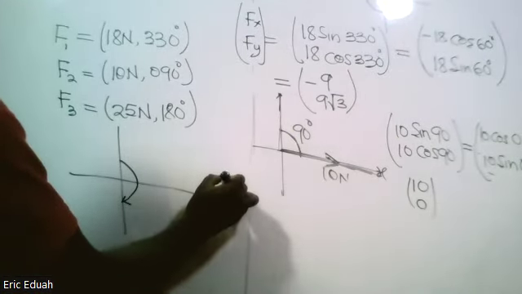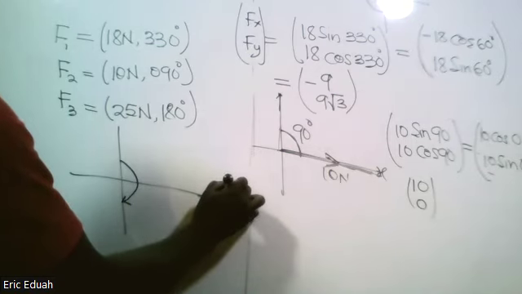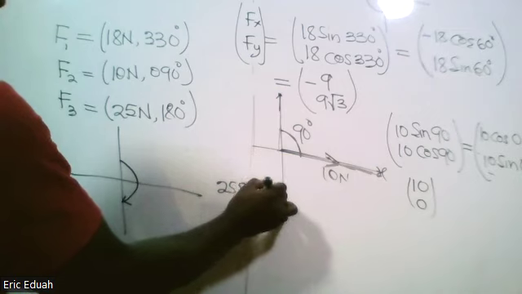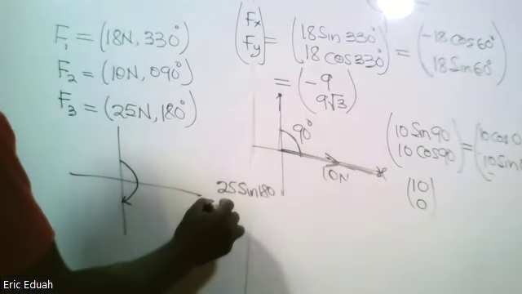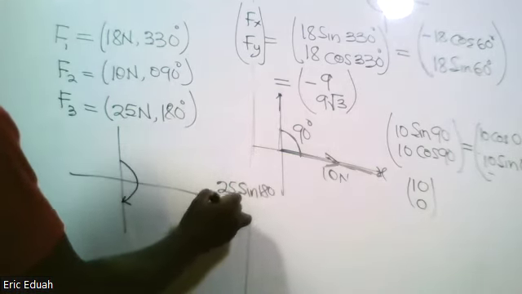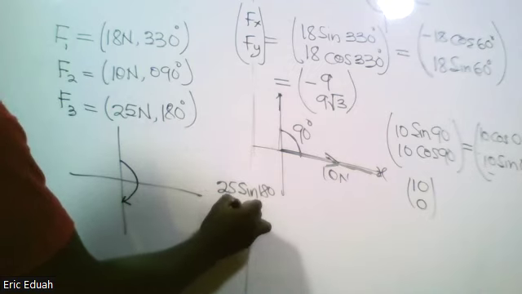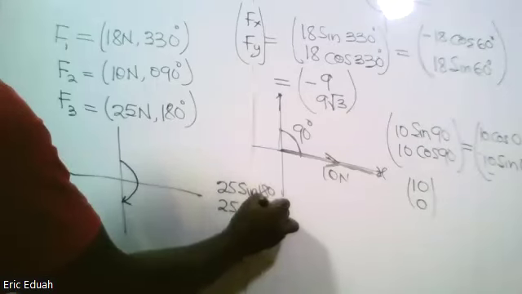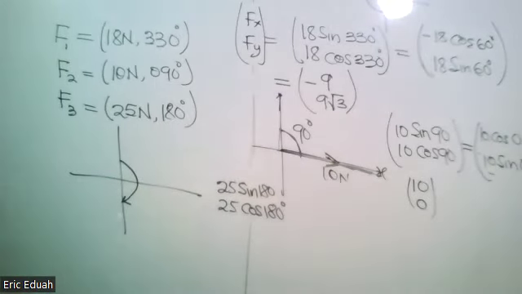This is 25 sine 180, 25 cos 180 degrees. Okay.